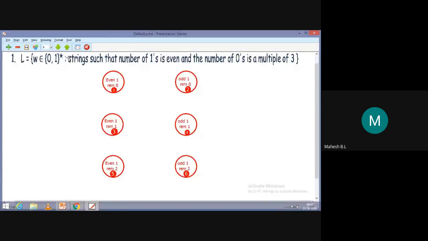The language is over 0, 1 such that there must be an even number of ones and the number of zeros must be a multiple of 3.